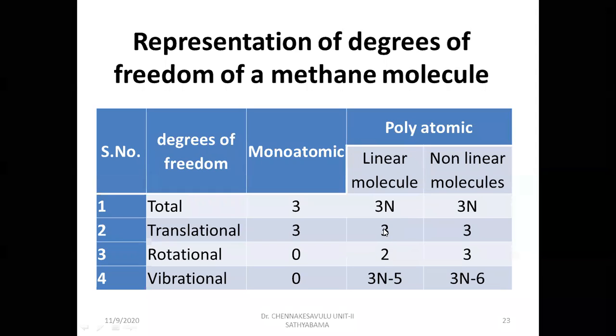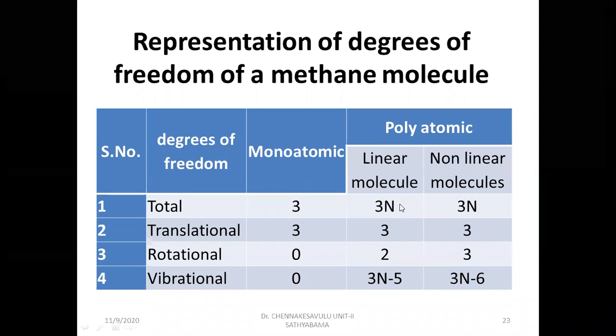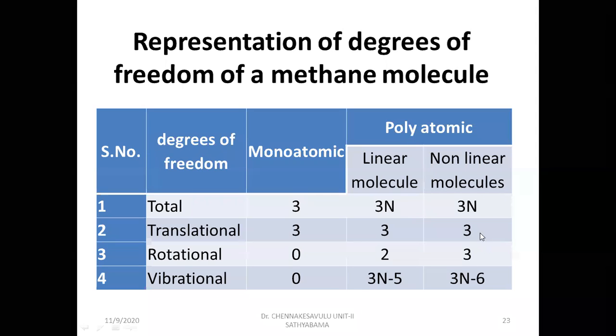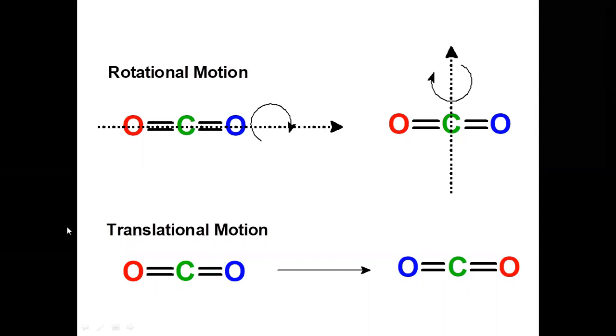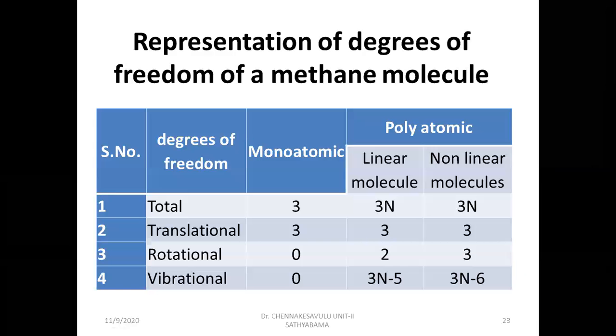For a linear molecule, 3 plus 2, we have to subtract 5 from the total, so 3n minus 5. For a non-linear molecule, 3 plus 3, we have to subtract 6 from the total, so 3n minus 6. This is what I am telling. Just see that for rotational motion, we have one rotational axis, and with respect to this or this, both are the same actually. Either vertical or horizontal, Y or Z, we have only 2 rotational motions. That's what we have written at this point.